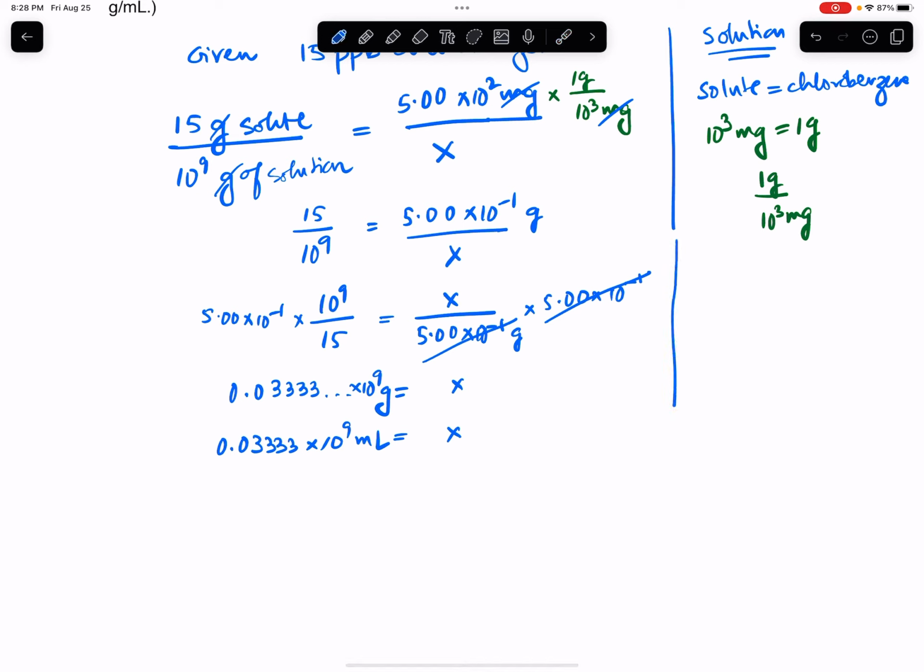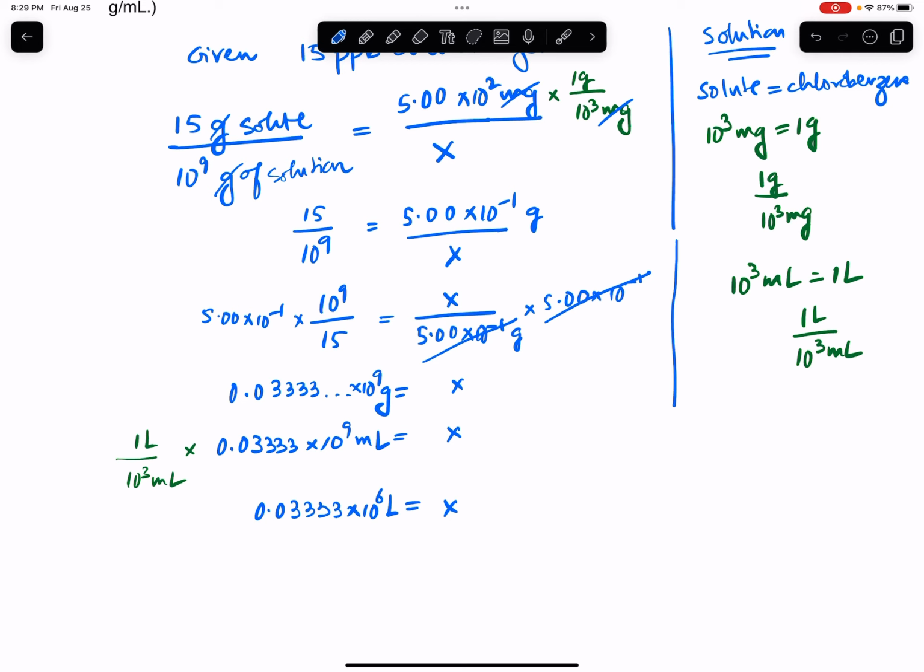The relationship is 10 to the power 3 ml is equal to 1 liter, and the fraction we multiply with is 1 liter over 10 to the power 3 ml. That gives us x is equal to 0.03333 times 10 to the power 6 liters. If we change this into scientific notation, we move the decimal 2 places to the right. That gives us 3.333 repeating times 10 to the power 4 liters.